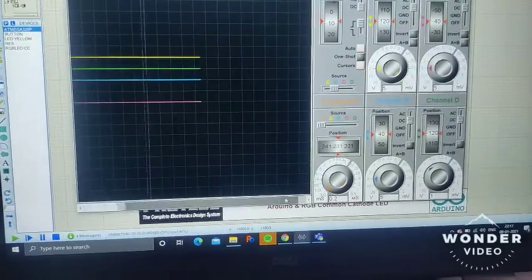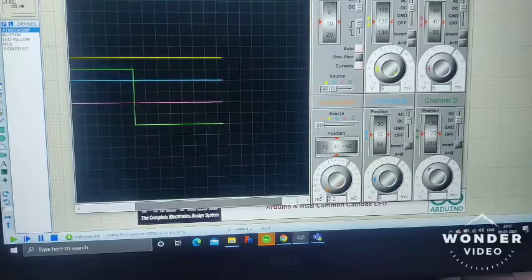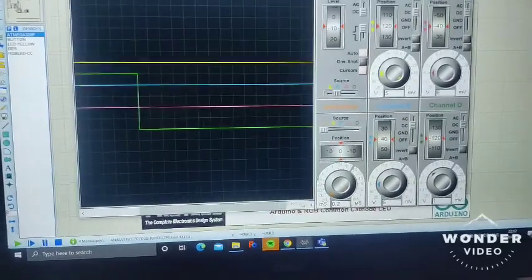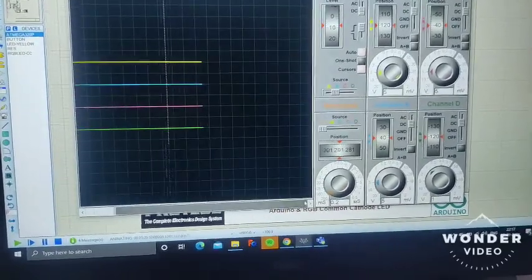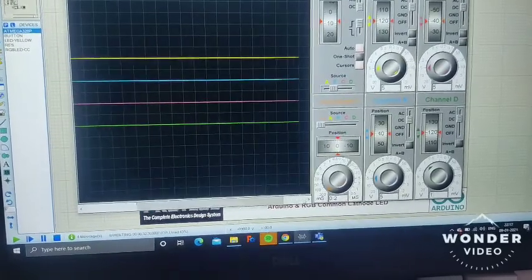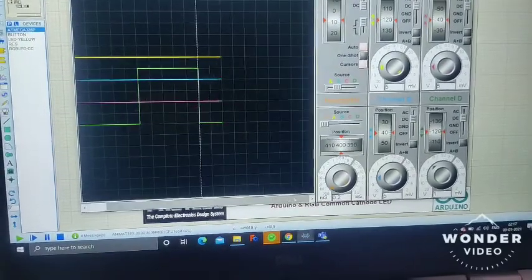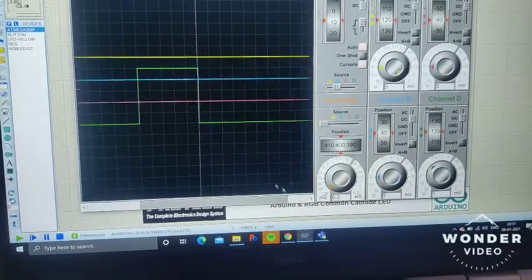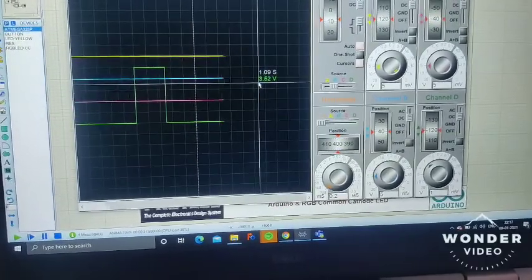The square waves are continuous and are repeated one after the other. The time period of the square waves is 8.25 seconds.